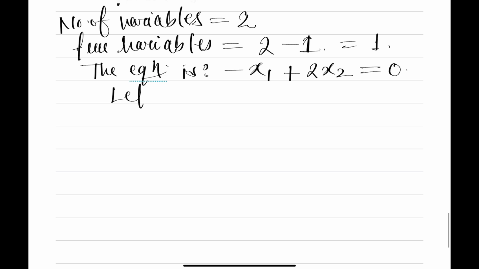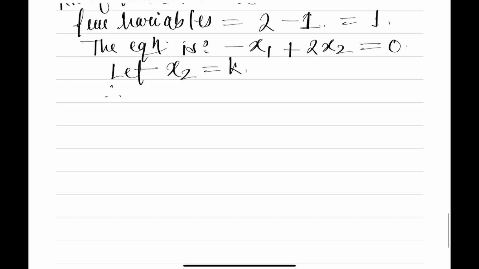Let x2 be equal to k. Therefore minus x1 plus 2k is equal to 0, and x1 is 2k.